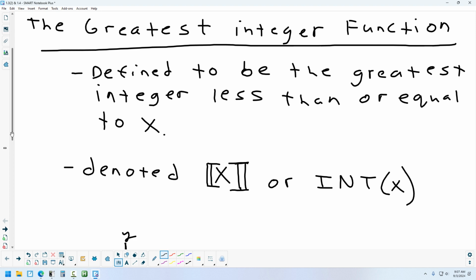So let's say I said this. What's the biggest integer you can think of that's less than or equal to 4? Check. 4. Yeah. What's the biggest integer you can think of that's less than or equal to 3.9?